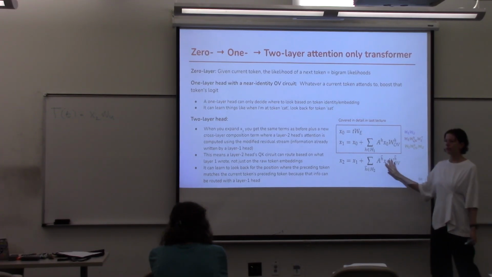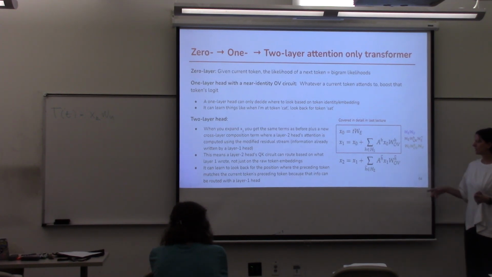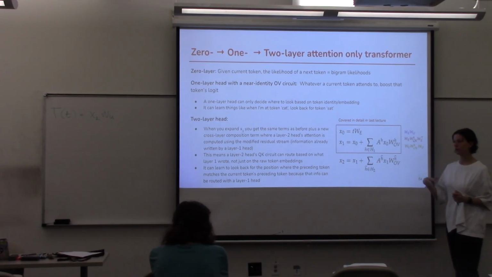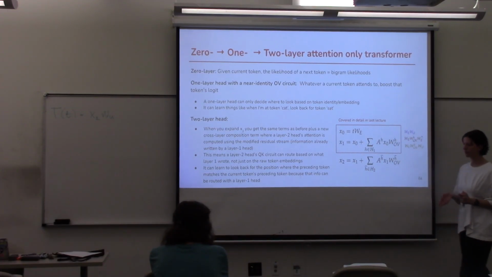What we would see if I had done all of that is that whatever is the output of the first layer's head can be used by the second layer's head to determine what to record in the residual stream and make the decision.